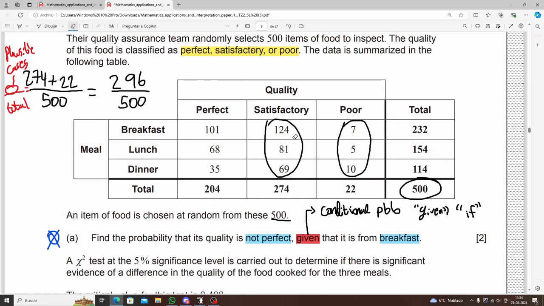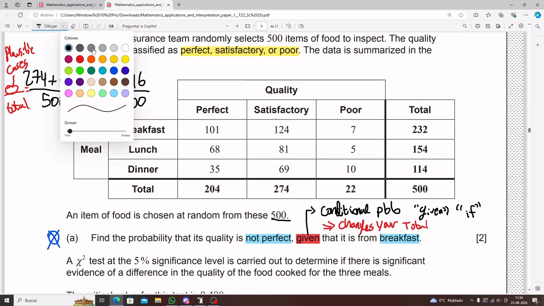The main idea of conditional probability is that this, and write it down, changes your total. That's all that happens, okay?